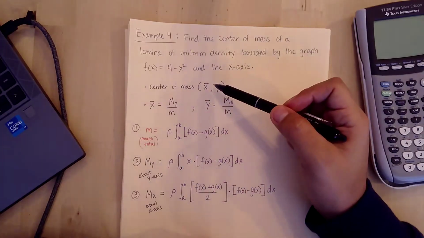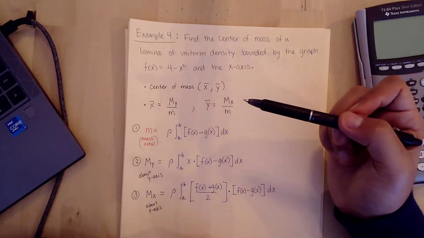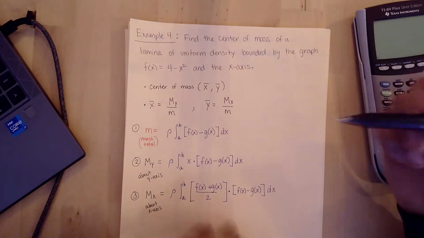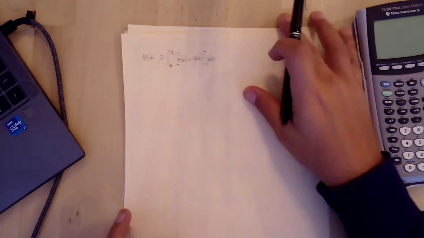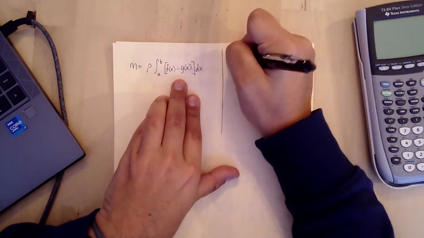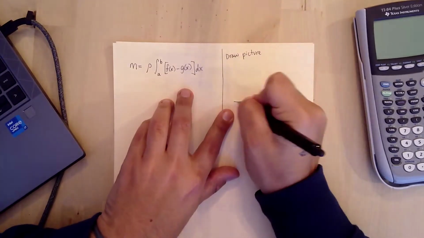The first thing that we did here was lay out these three integrals that we need to find. But I have no idea what this picture looks like. So we might want to draw a picture before we think about finding this mass. Even though I've set up the mass integral here, I'm going to draw a picture of this function.